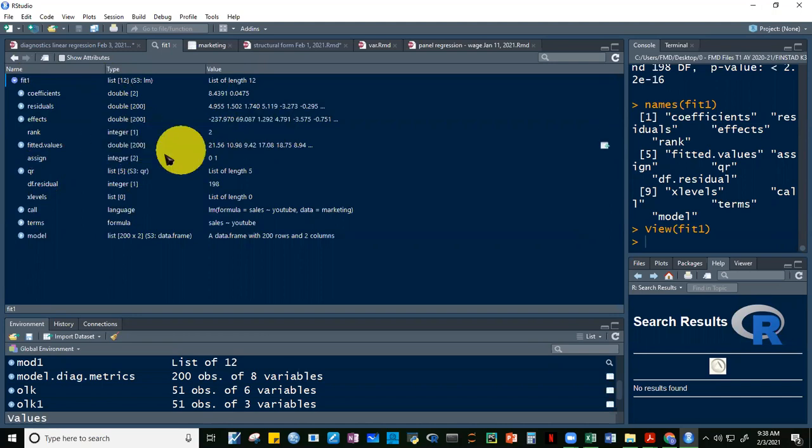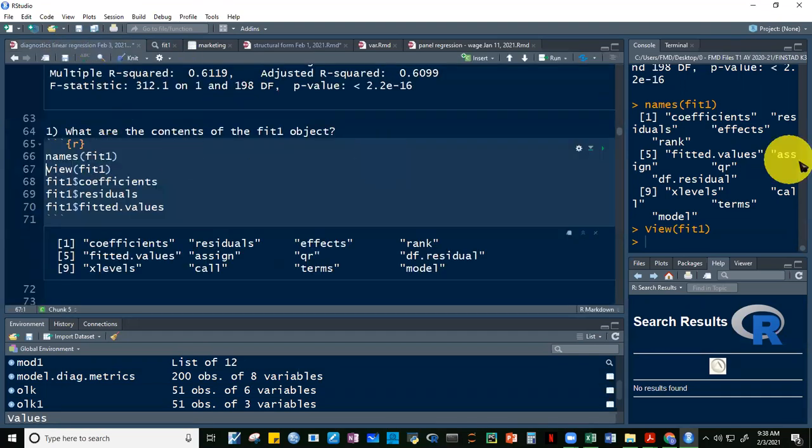May integer. Okay, so there are may formula, no? May model mismo, data frame with 200 rows, etc. So marami siyang laman and we can access this. Pwede natin ma-access itong mga objects na to under fit.